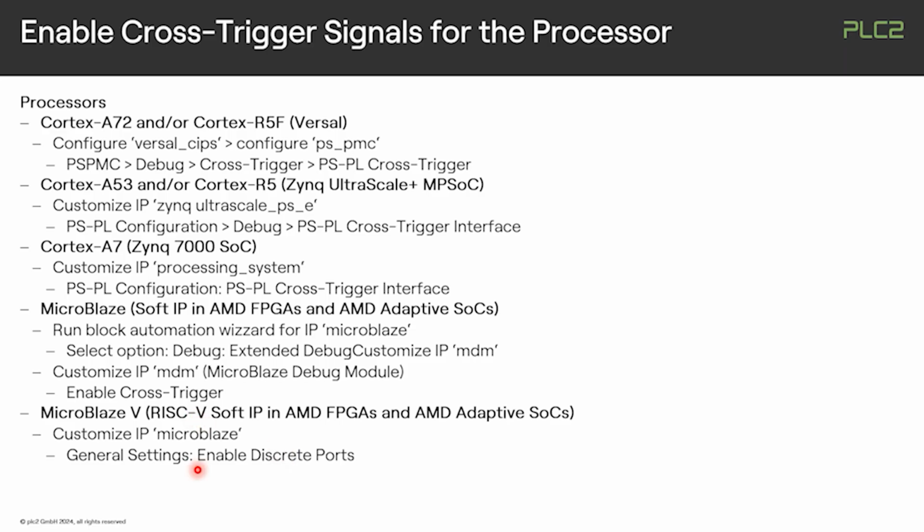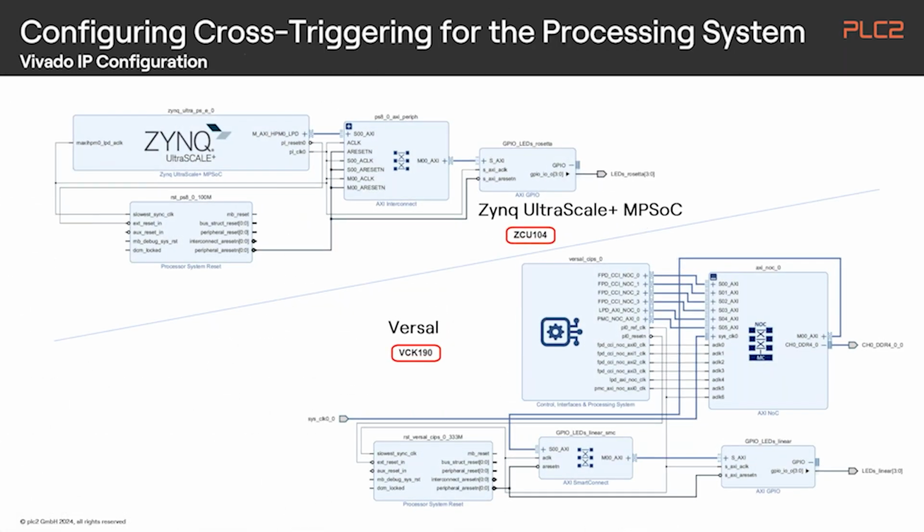When you enable discrete ports, you will also have these cross-trigger signals. So sometimes you see it directly in a context, like here, and sometimes you need to find this specifically at the CPU side. But the cross-trigger signal is available for all of these processors, for all these AMD technologies.